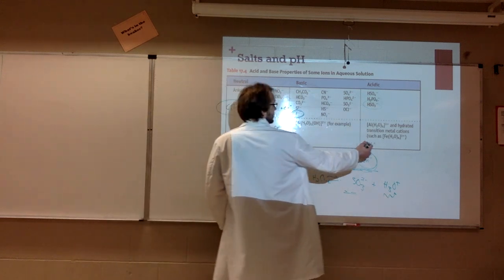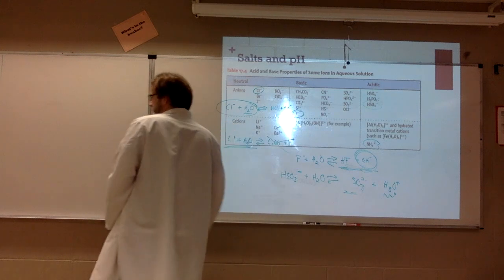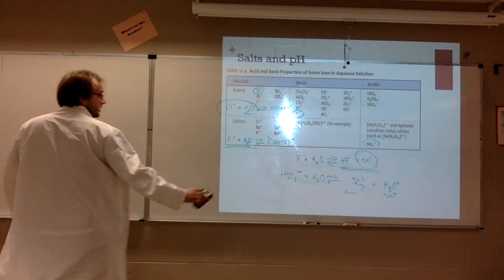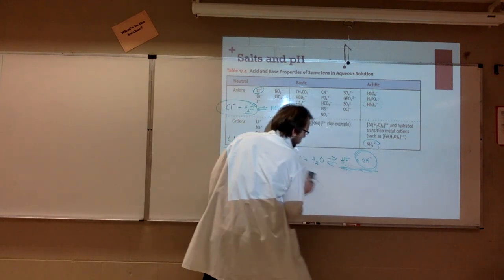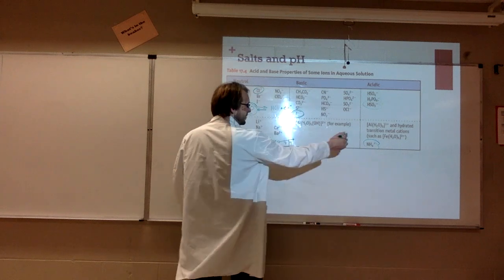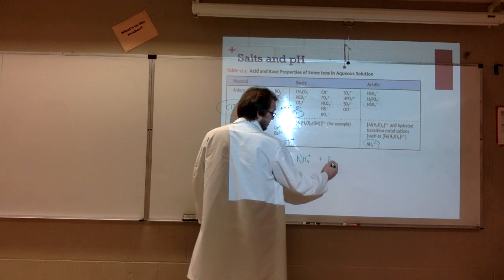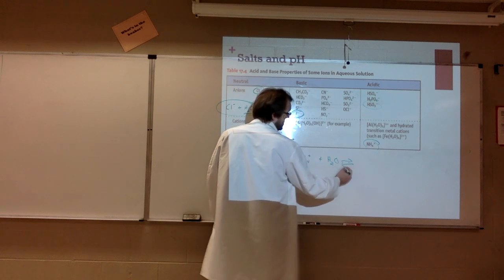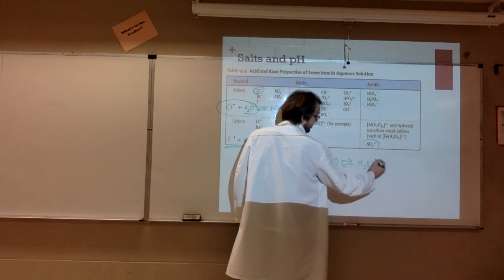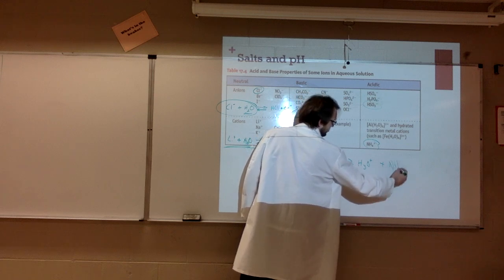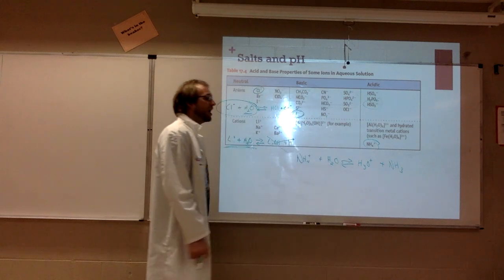If we think about our ammonium species and what it would do with water, again, we have a species, NH4+, that can donate a hydrogen, and all of a sudden we've got a hydronium species floating around and this nice, very stable ammonia molecule.